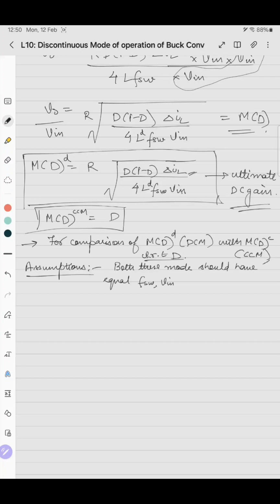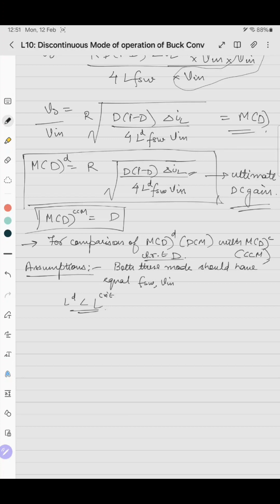Now we already know the reasons for DCM. We have to select only one reason for DCM, that is LD is less than L critical. So if LD is less than L critical, and if you want to compare M of D for DCM versus CCM, you have to keep L constant. By assuming some value of L, we compare M of D for discontinuous mode and continuous mode.